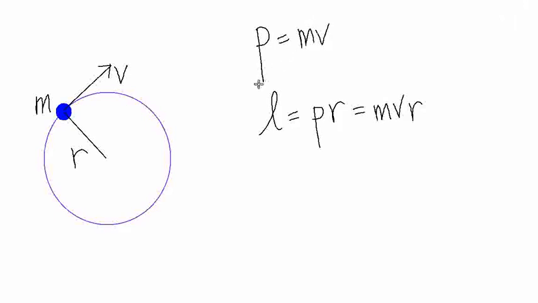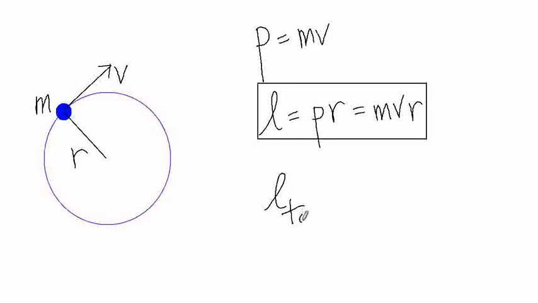So, let me repeat. The angular momentum for an object of mass m moving in a circle of radius r with a speed v is equal to the product of m, v, and r. If you have multiple objects moving in circles about the same point, you can define the total angular momentum, let's call it L total, by summing up the contributions from each object.